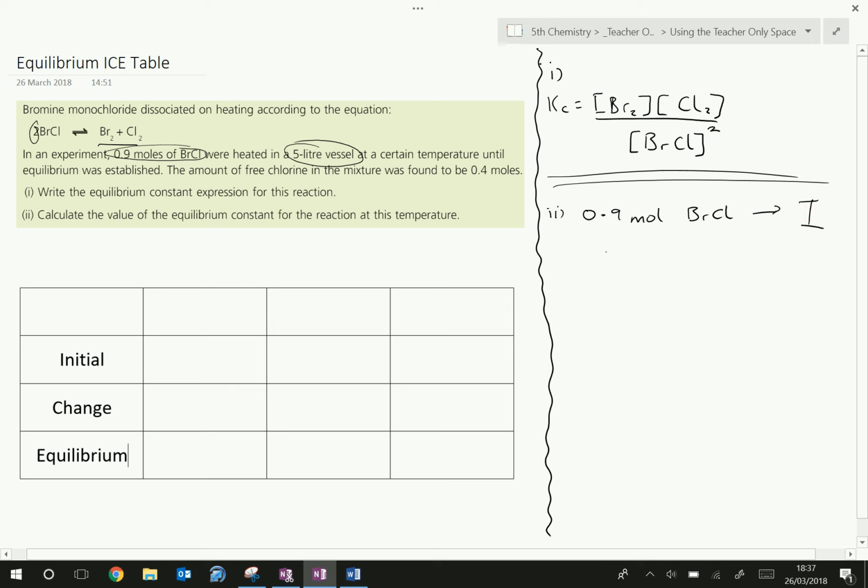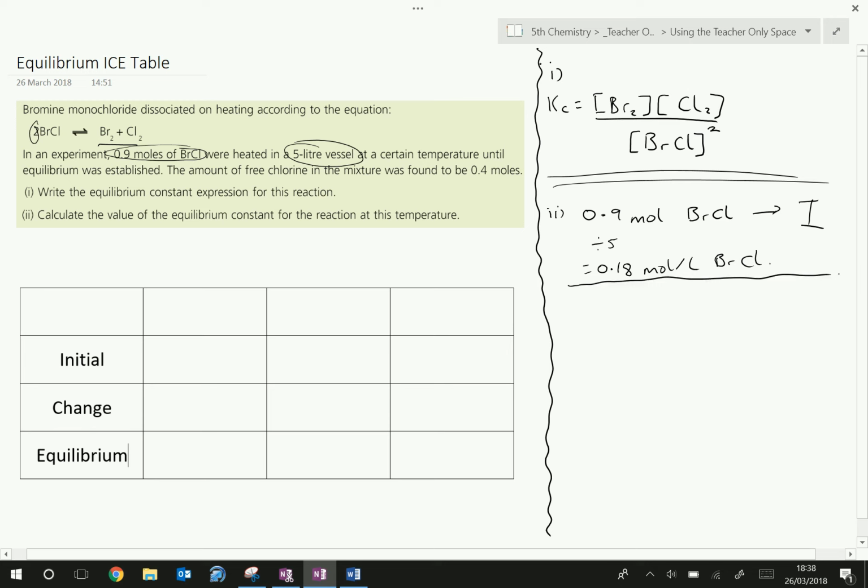To get that into moles per 1 litre, I need to divide that by 5. 0.9 divided by 5 is 0.18. So 0.18 moles per litre of BrCl. That value is finished.